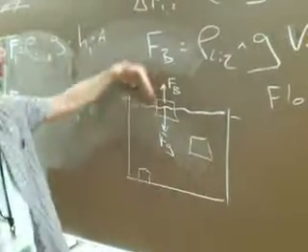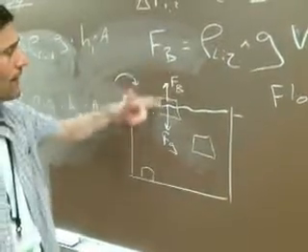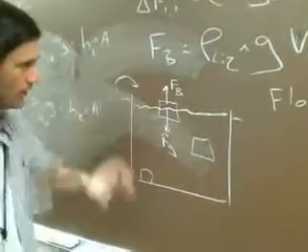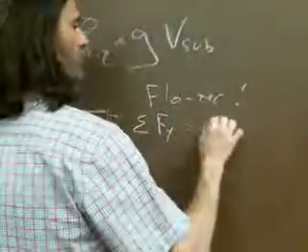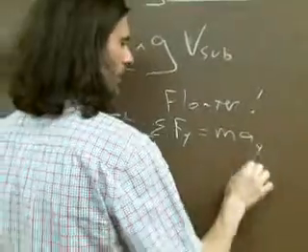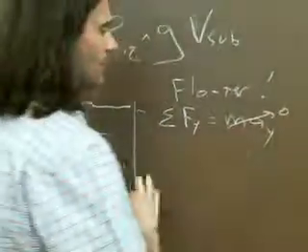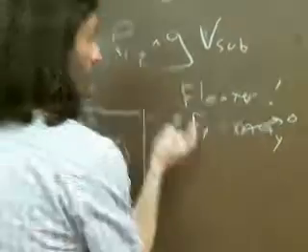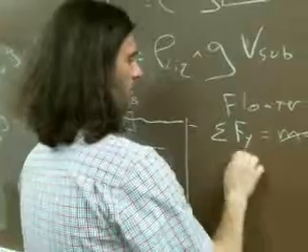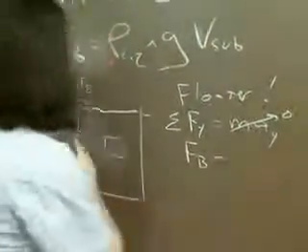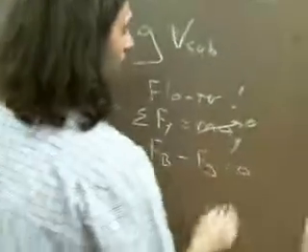And if it's not moving up or down, then it's just like life. Everything adds up to nothing. So that means the sum of the forces in the y equals mass times acceleration in the y. And if it's not accelerating in the y, it adds up to nothing. There is absolutely nothing going on. So the two forces in the y are FB, which is upwards, so that's positive, minus FG, which is negative, equals nothing.